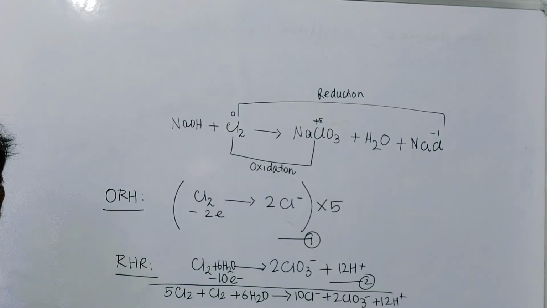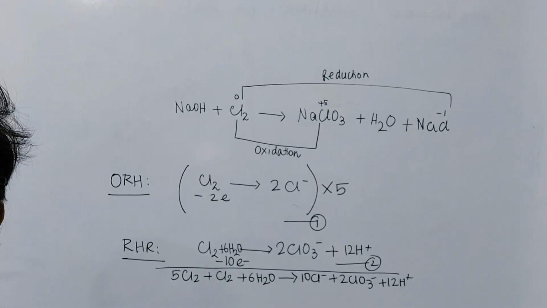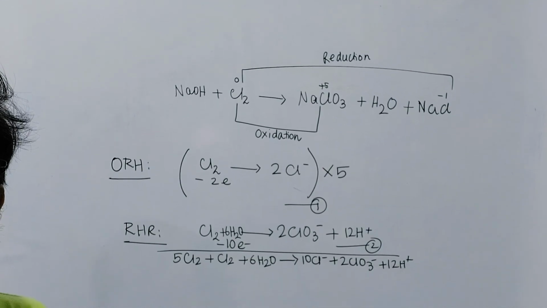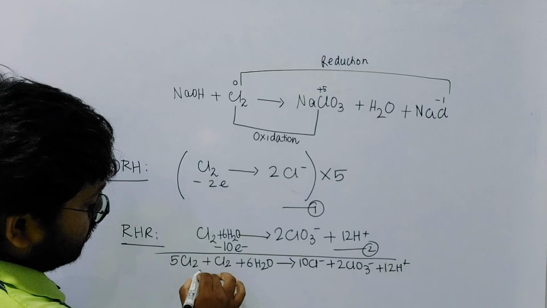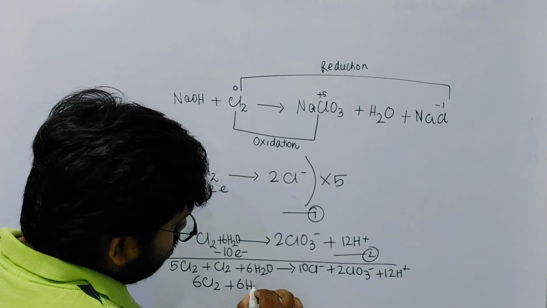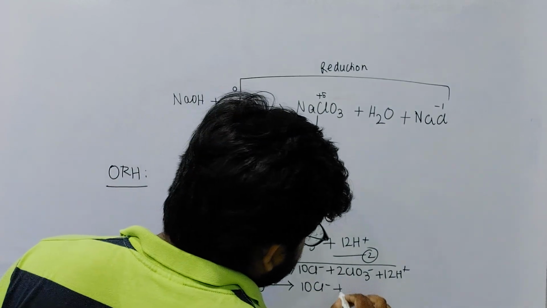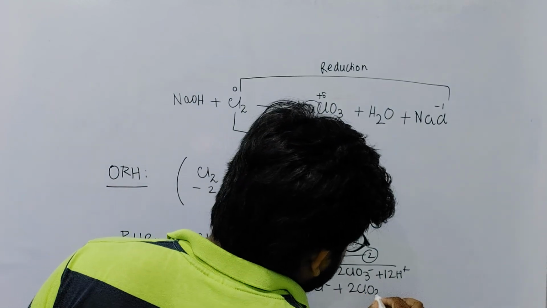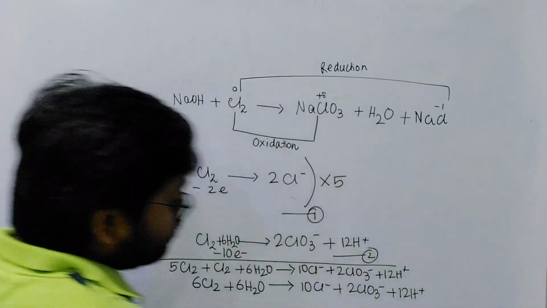So it is 6, it is 6. Just a moment. Yeah, now it is visible. 6Cl2 plus 6H2O will give us 10 Cl minus plus 2 ClO3 minus plus 12 H plus.